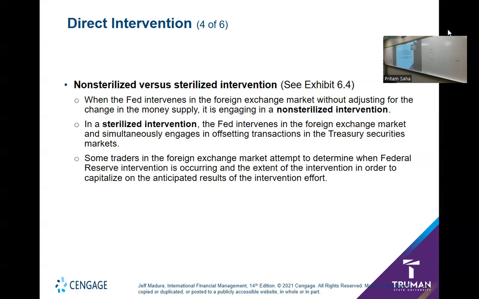Increasing the federal funds rate forces consumers not to purchase. But there are also impacts we're going to talk about very shortly. Common questions: sterilized versus non-sterilized.